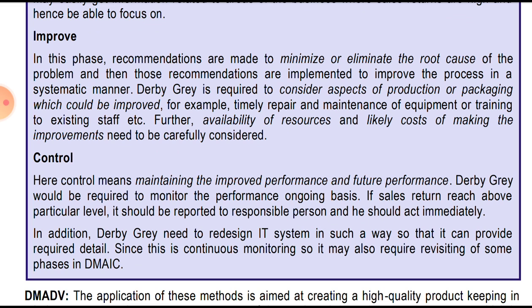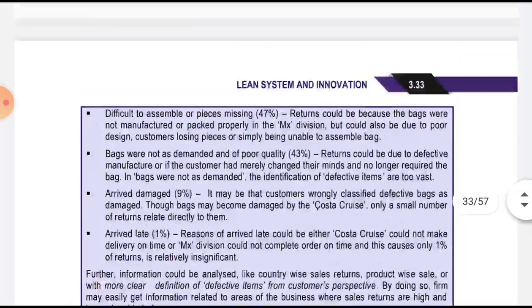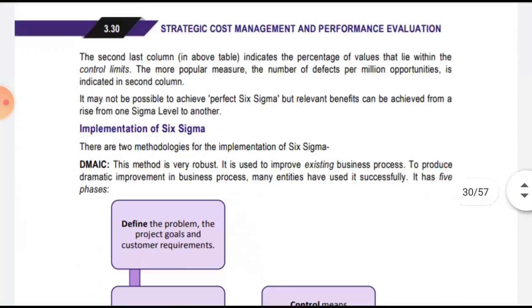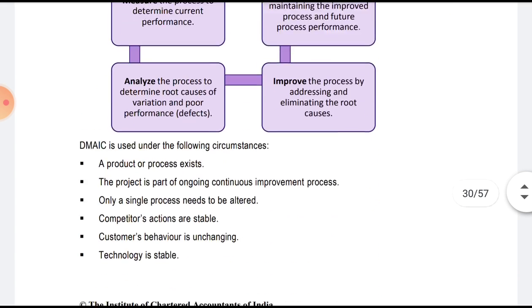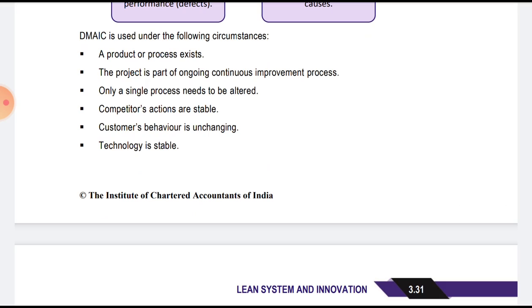In addition, Derby Gray needs to design the IT system in a way so that it can provide the required details. Since this is continuous monitoring, it may also be required to revisit some phases in DMAIC. So as we have seen, first we learned this process: define, measure, analyze, improve and control, and then it should be applied on the existing process.